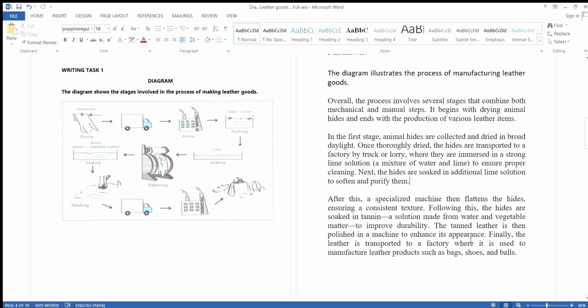Finally, the leather is transported to a factory where it is used to manufacture leather products such as bags, shoes, and balls. So this is the way we have written a full sample answer, which is of 164 words.